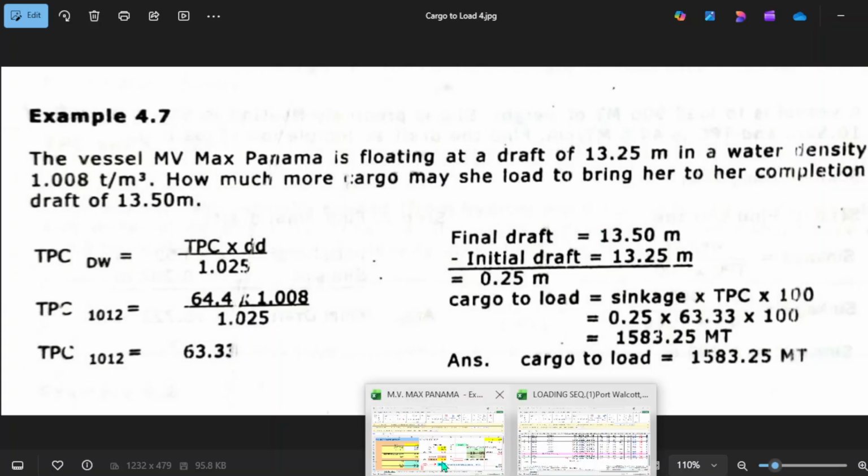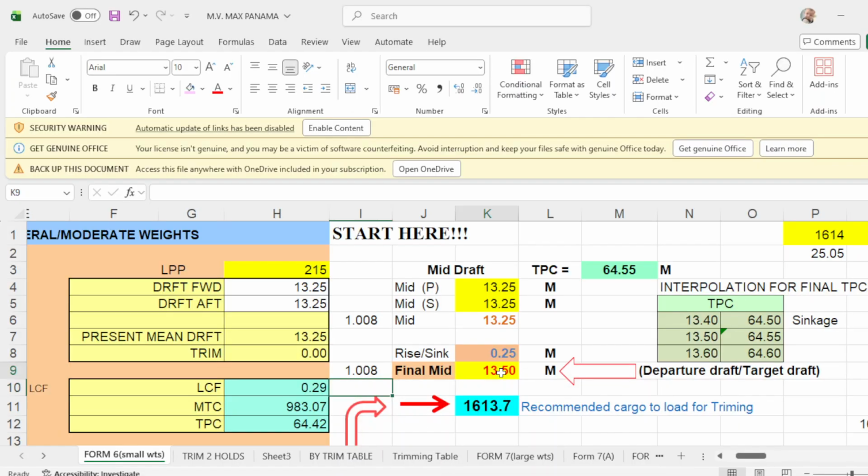According to the example, its departure drop or final drop is 13.50, so you put here 13.50. That will be your departure drop, and with this departure drop you interpolate the TPC. This is my program.